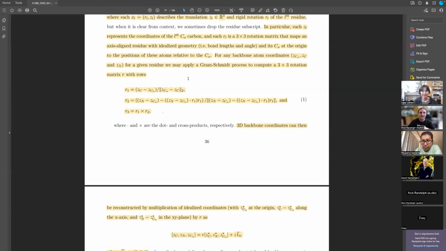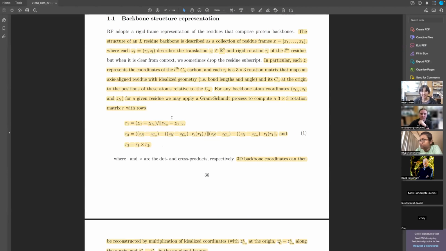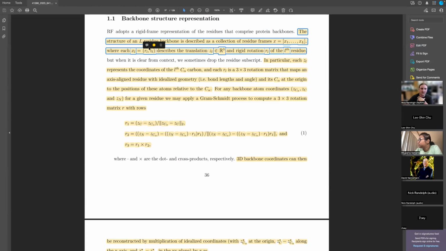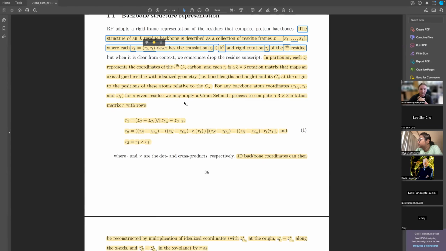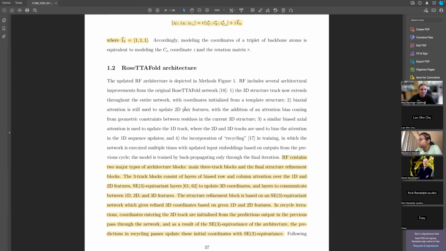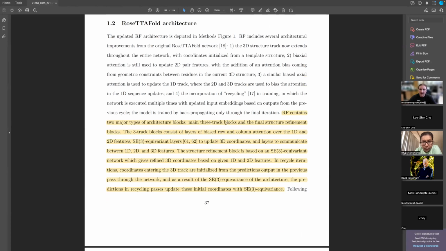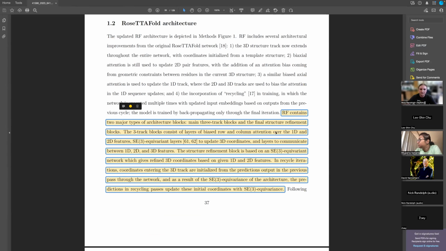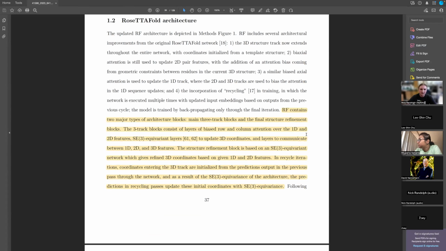Okay, sorry about that. Yeah, so like I mentioned, you construct the rotation matrix with the Gram-Schmidt process, and each residue has a rotation and a translation vector. I'm going to skip down here. RoseTTAFold, like I mentioned, has 3 tracks, and then some final structure refinement.